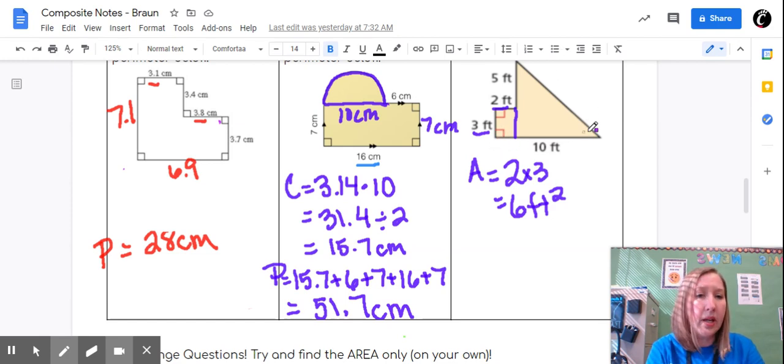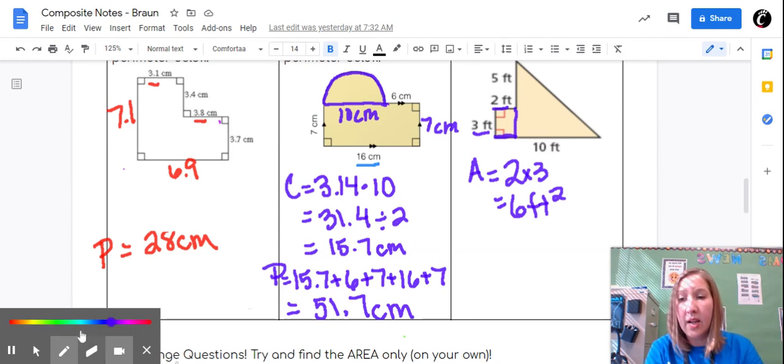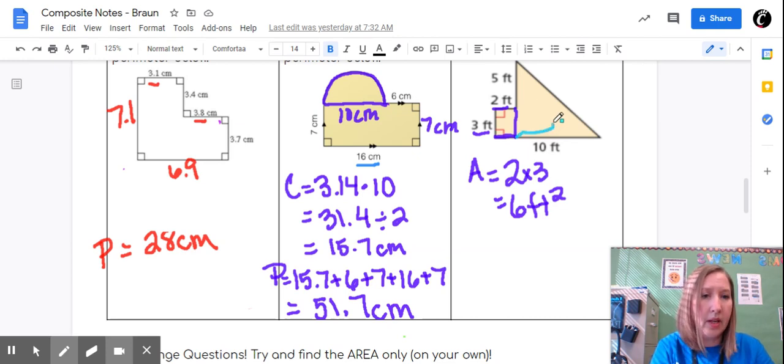Now this whole side here is 10. I need to figure out what just the base of my triangle is. So if this is 2 here, then that means this small section is also 2, and I can subtract that from 10 to find the base of my triangle. So this part here, just the base of my triangle, is going to be 8.